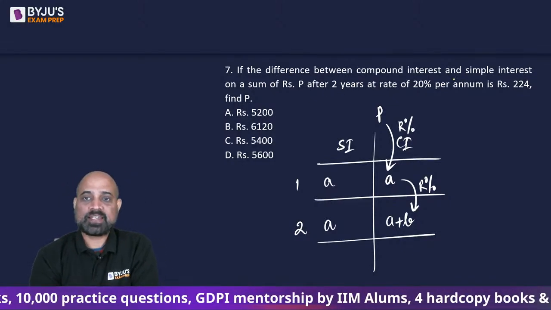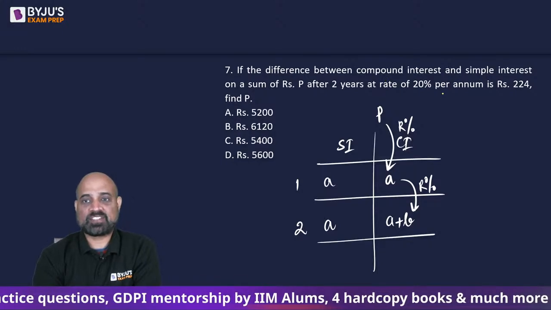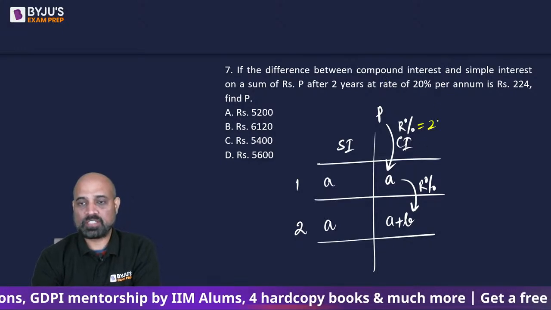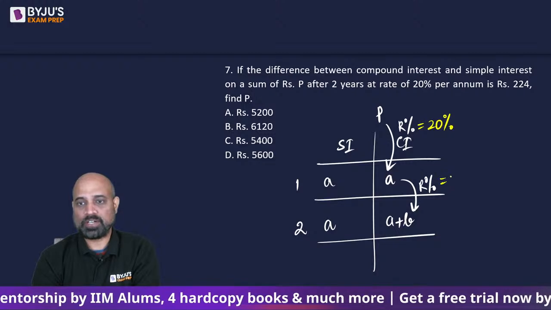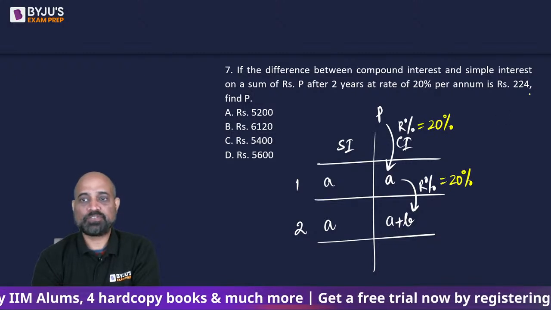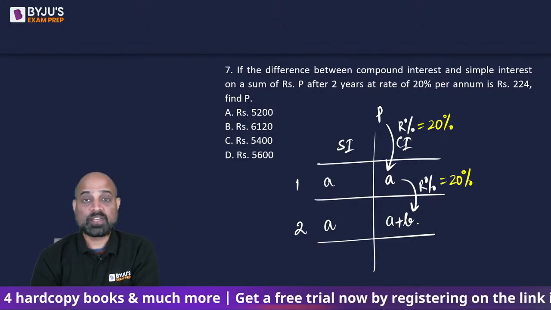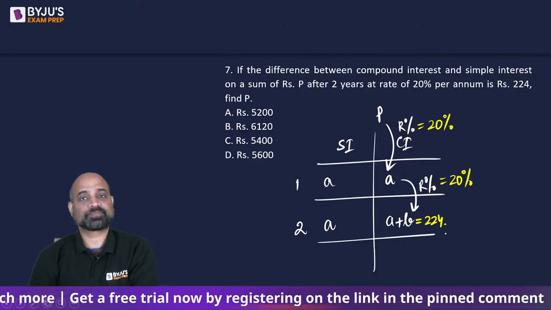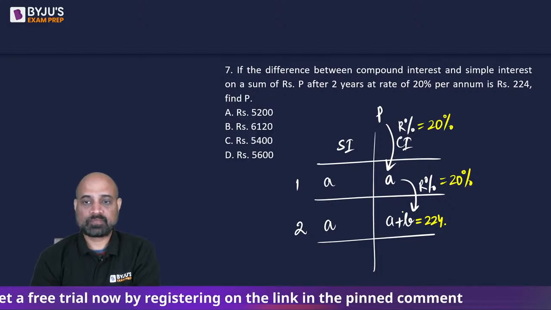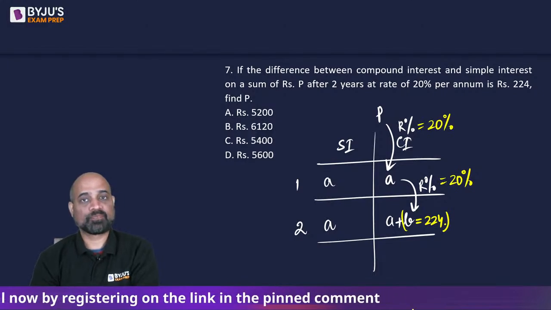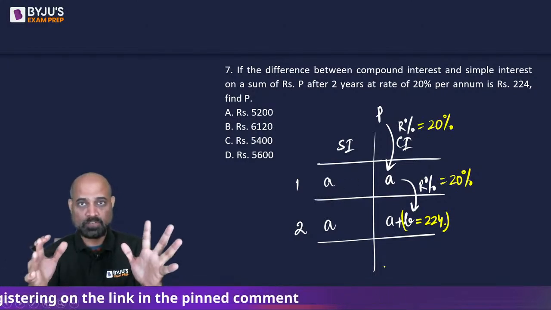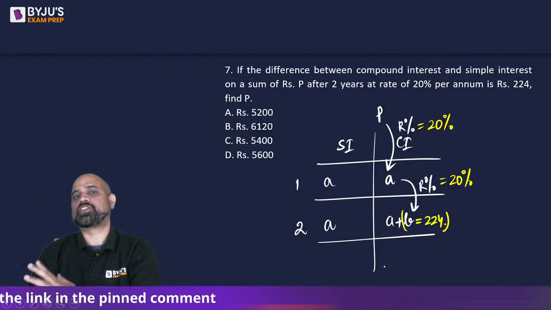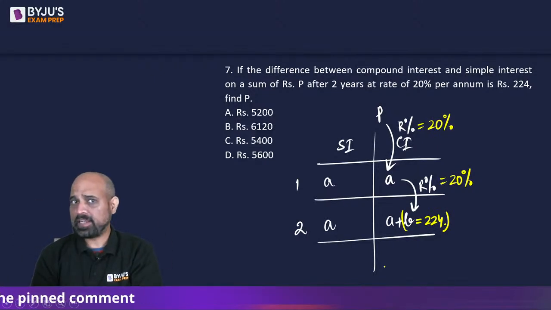Now, the question says that the difference between the interests at 20%. So this is given to us as 20% already, thankfully. And the difference is 224. That means this B is 224, not A plus B. Because if you look at the difference, in other words, what extra is written on the right hand side? 1B is written extra.